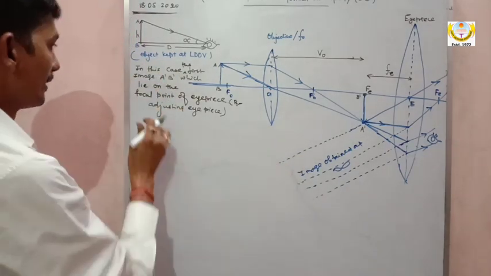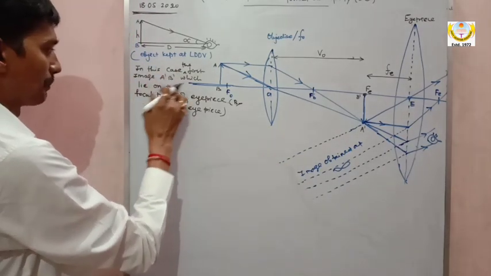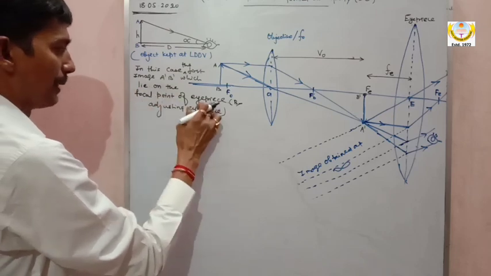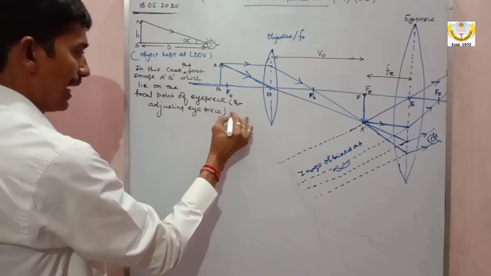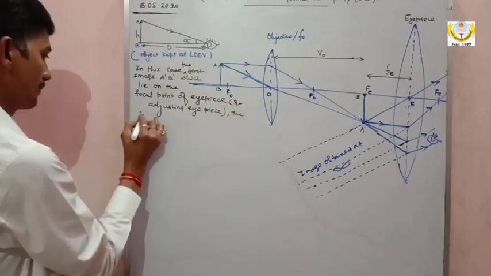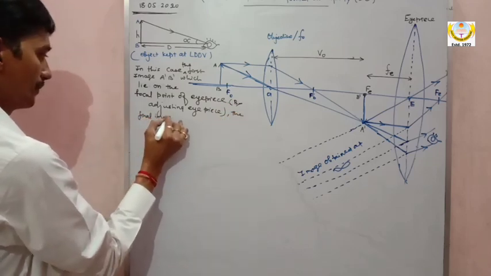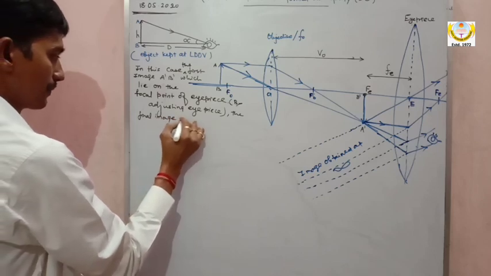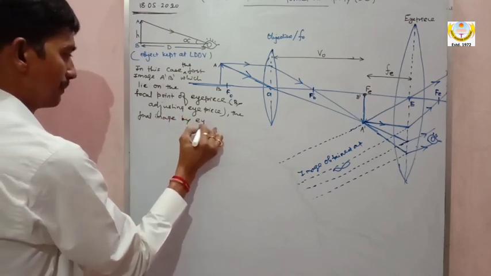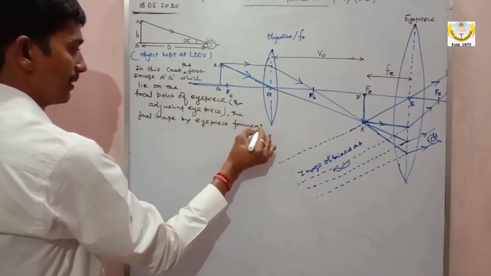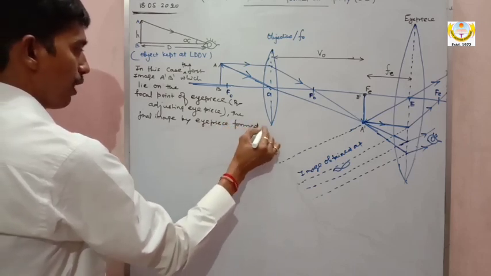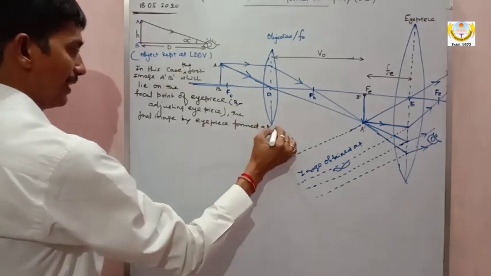So in this case the first image A dash B dash which lie on the focal point of eyepiece, by adjusting eyepiece, the final image by eyepiece formed at infinity.